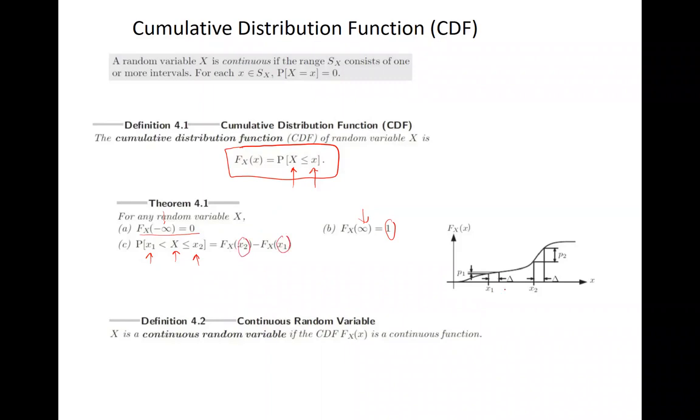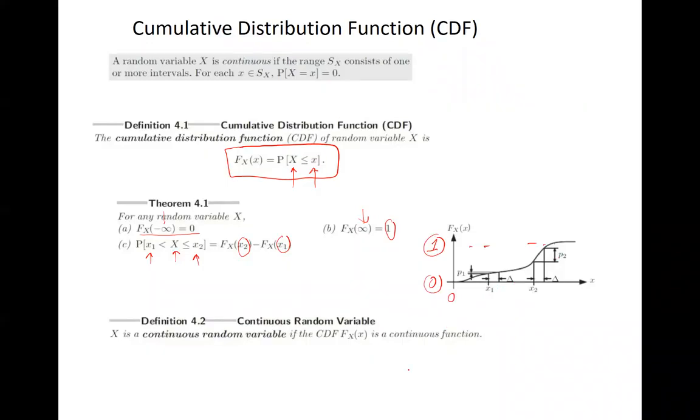Here is how we see a CDF: it always starts from 0 and goes to 1. So it's a function defined between 0 and 1, but it's an increasing function.